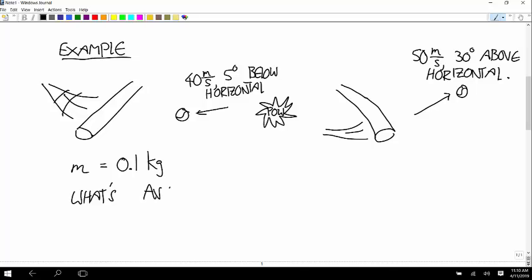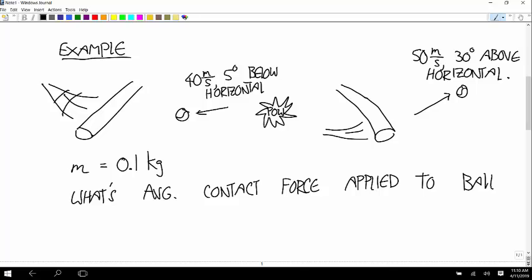And we want to know what's the average contact force applied to the ball, assuming that contact force is much larger than the weight.